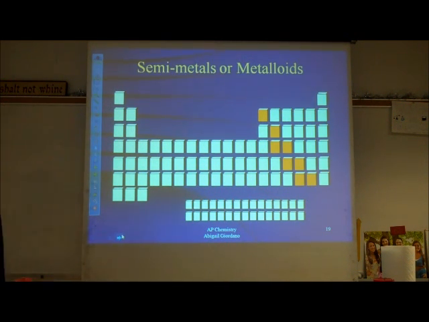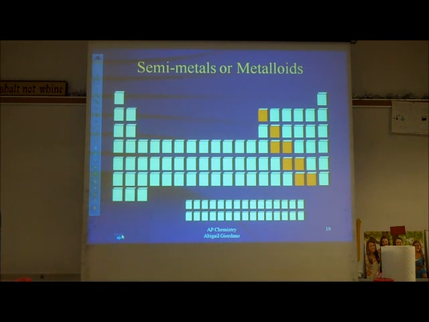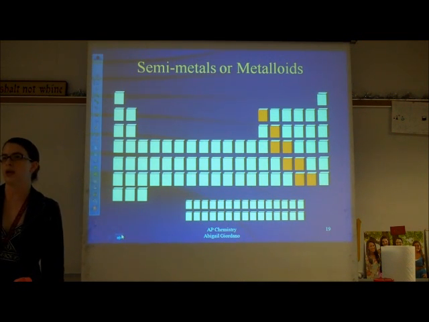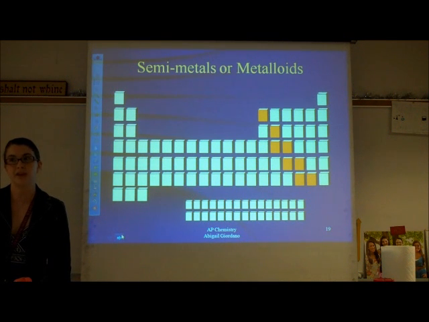Your semimetals are metalloids. I actually want you to look at the periodic table on the wall. The orange staircase. Any element touching that staircase is considered a metalloid with one exception. It's aluminum. Aluminum is touching the staircase, but folks, aluminum is definitely a metal.